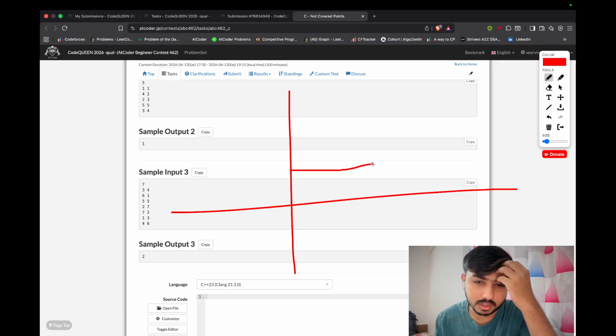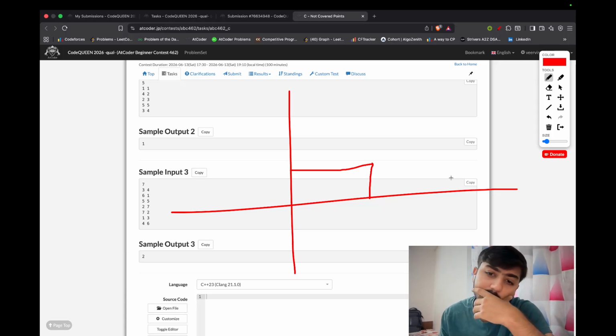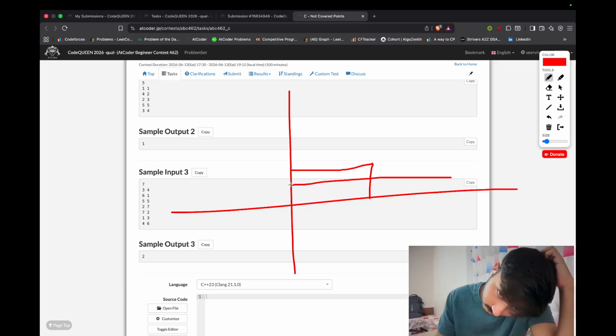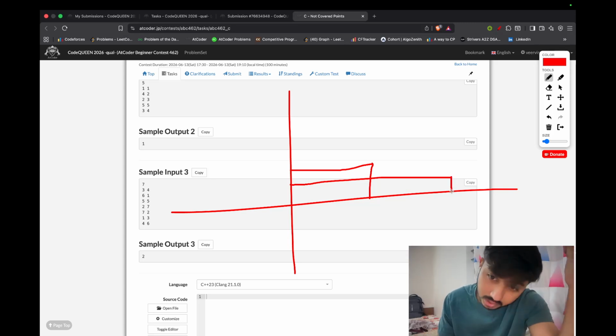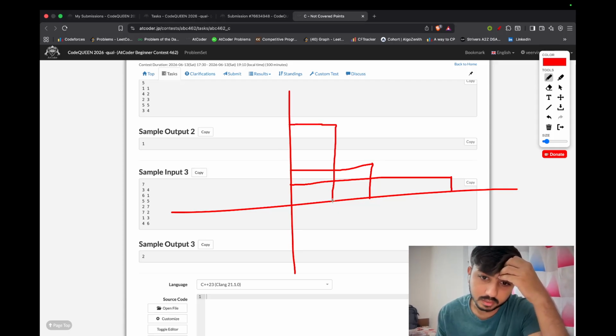If you pick this, then pick this also, right? Okay, I can pick this also. Oh, I can pick this also.